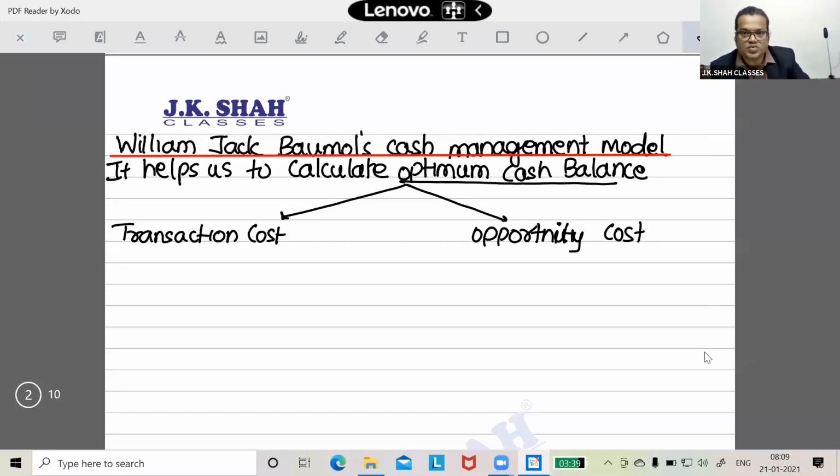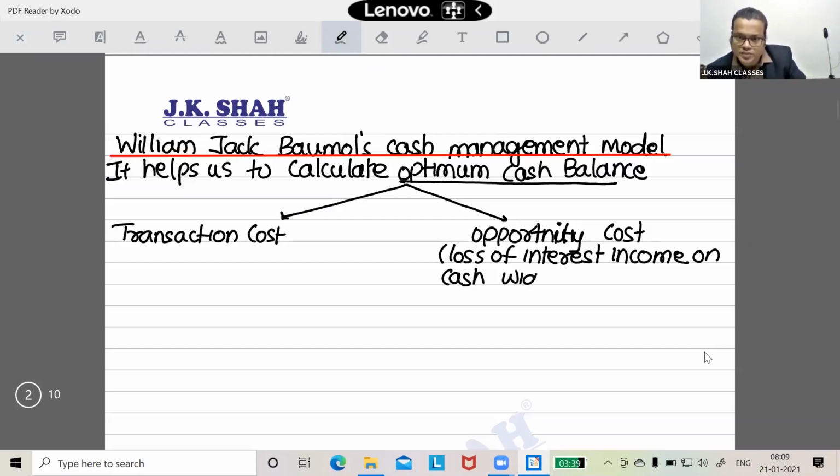Opportunity cost, what can we say? Loss of interest income on cash withdrawn.